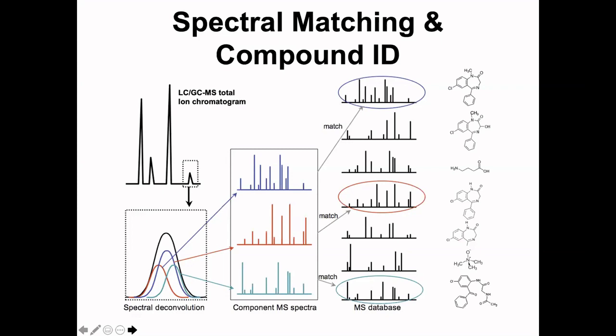It's a few thousand to a few 10,000s of mass spectra. But by matching the mass spectra, what you observe to the actual ones in the database, just like sequence matching, you can identify, in this case, your compounds. Whereas in genomics and proteomics, we match to databases to identify proteins and genes.